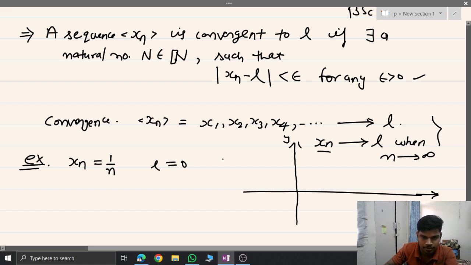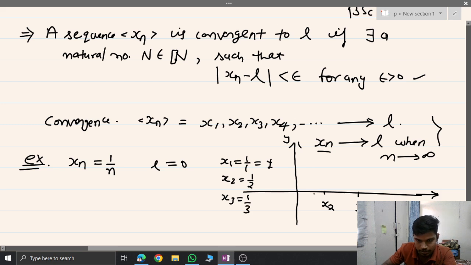What is my x1? x1 is 1 by 1, which means 1. Suppose this is x equal to 1. This is my first term, x1. The second term is 1 by 2, here is x2. The third term is 1 by 3, here.